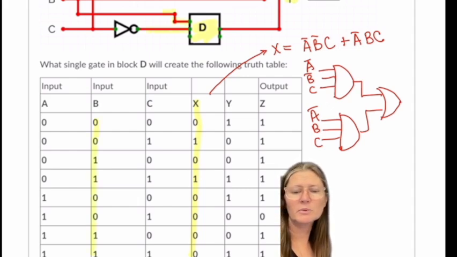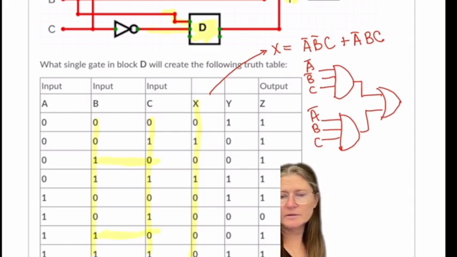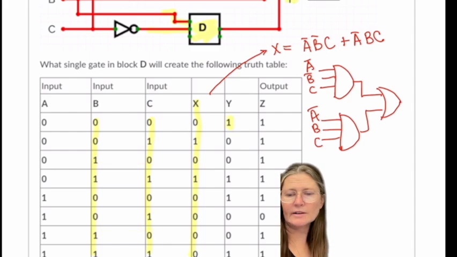So looking at B and C bar, and then y is a 1, 1, 1, and 1.